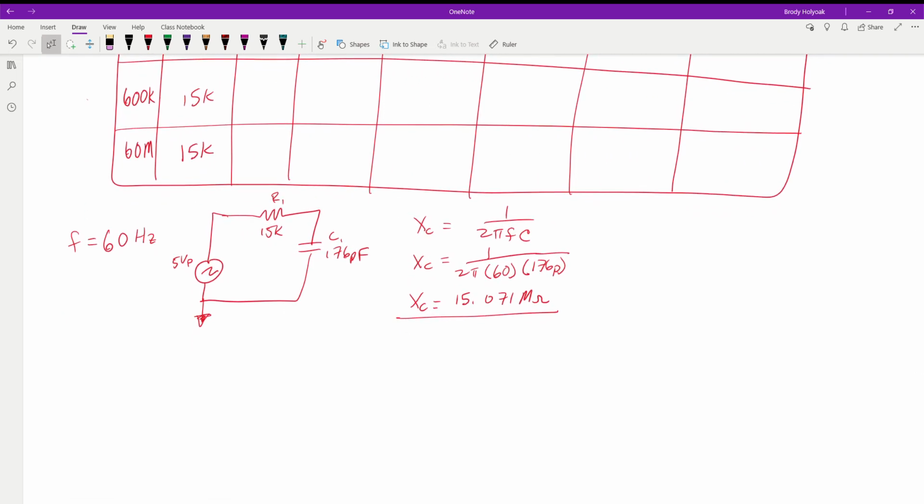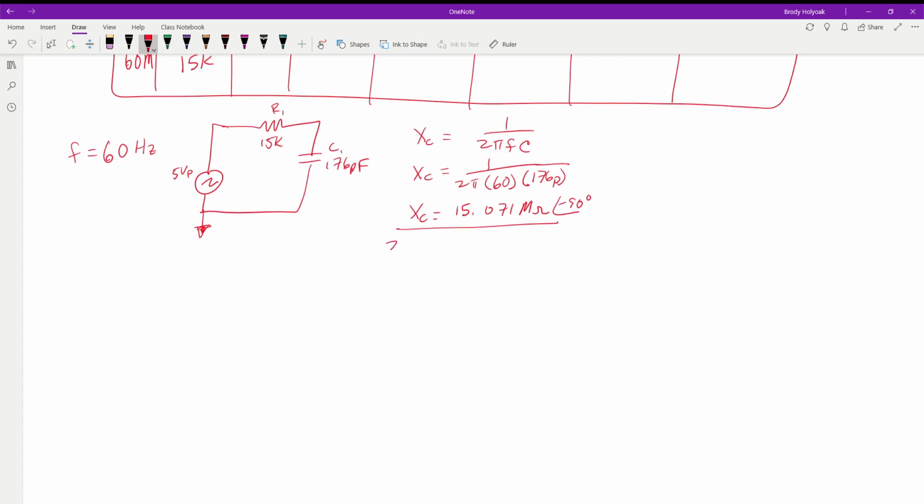So now that we have this reactance, and remember this is at a negative 90 because it is a capacitor, we need to find the impedance total of this entire circuit. So we take our 15,000 ohms, which is our real value, minus J of this 15.071 meg, and we know it's negative J because it's at negative 90.